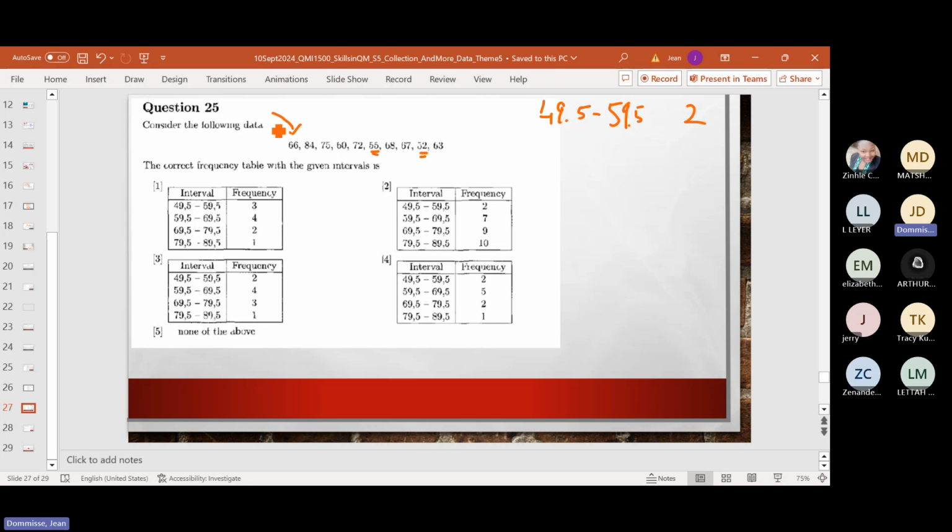If I look at my frequency tables, I see there's 3, so option 1 is not the option. There's 2, there's 2, there's 2. Okay, so at least we have eliminated one option. Then I go to the next interval.